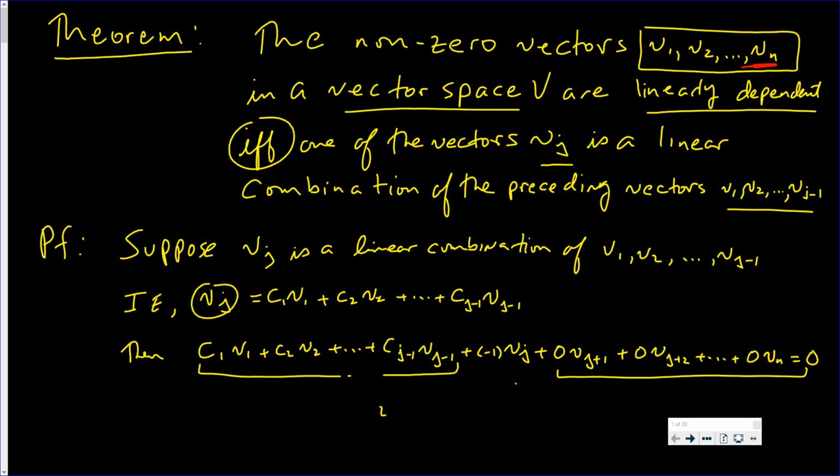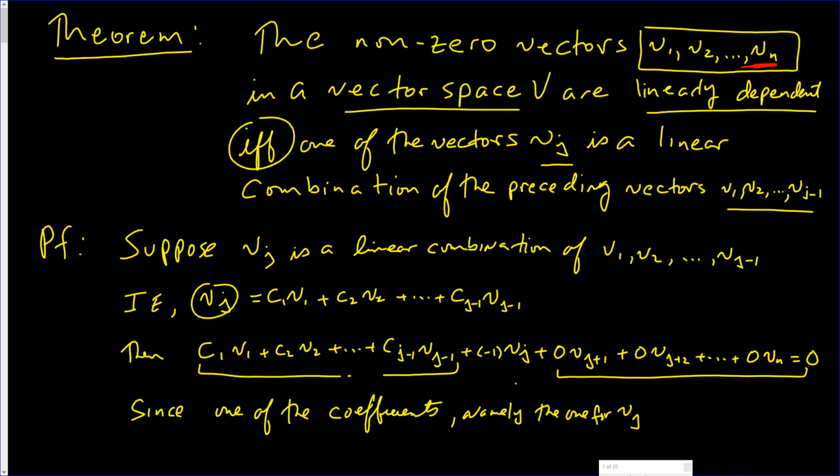Okay. Since one of the coefficients, namely the one for V sub j, is not 0, but the whole sum is 0, then the set V1, V2, all the way up to V sub n, is a linearly dependent set.